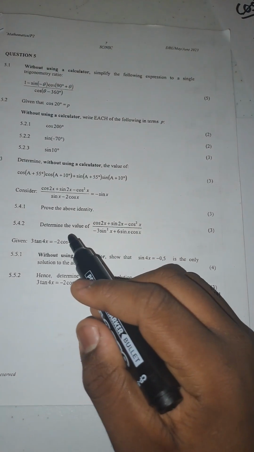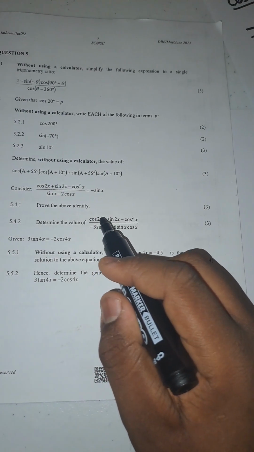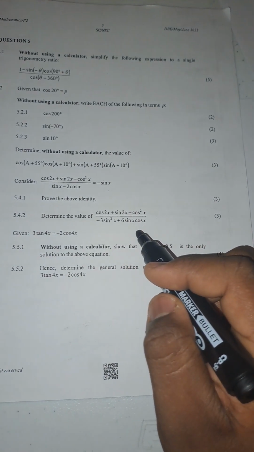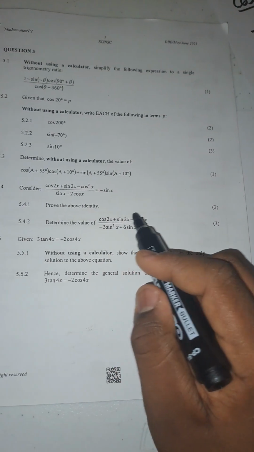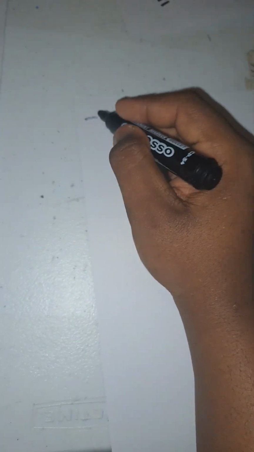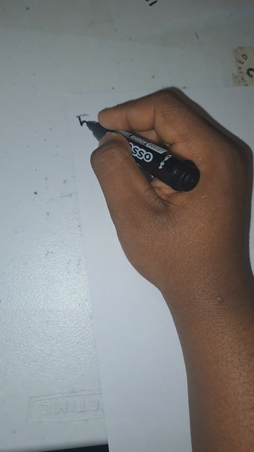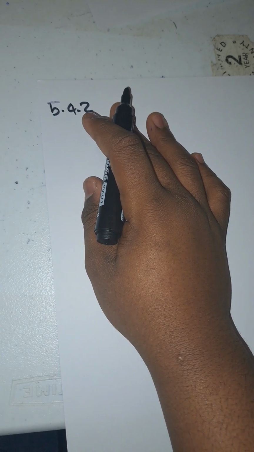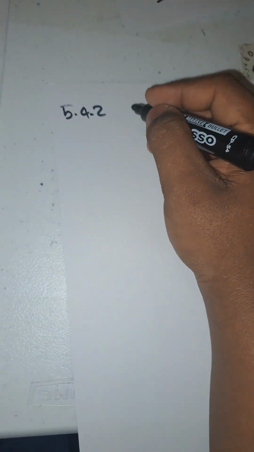So now they're saying determine the value of cos 2x plus sin 2x minus cos squared x over 9 minus 3 sin squared x plus 6 sin x cos x. As you can see, this denominator and that denominator are the same. So to simplify it, let's not change the numerator.